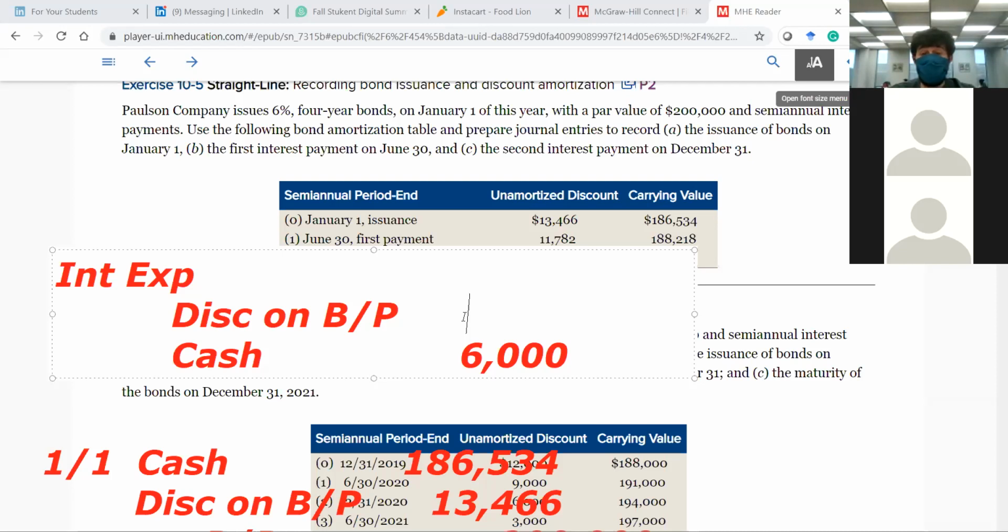What numbers would you look at to figure out the change in discount? Let's go with James Davis. You want to give it a try? How would I calculate the discount amount based on what you see on screen? You can come off mute if you don't mind. All the numbers are there that you need to figure it out.